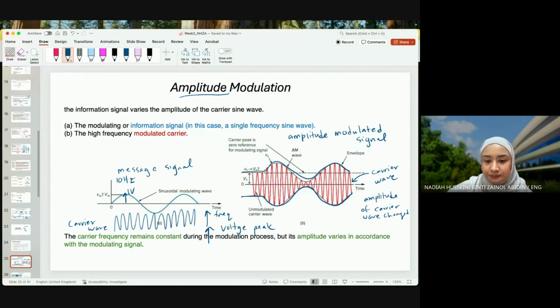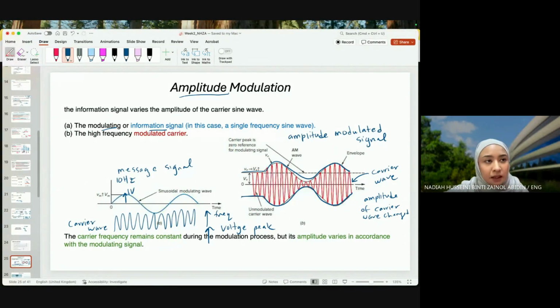Okay. Let me explain this again. If you didn't get it the first time, I want you to focus and hear it another time. There are two waves that we need. When we want to do amplitude modulation, we need to have two waves. The first wave is called the modulating or information signal or message wave.